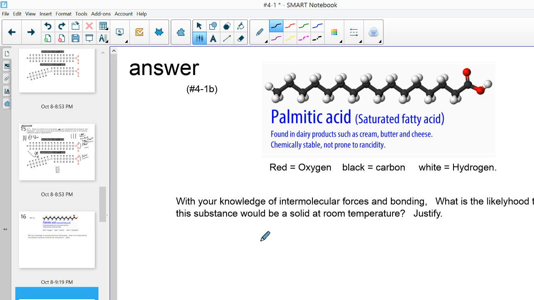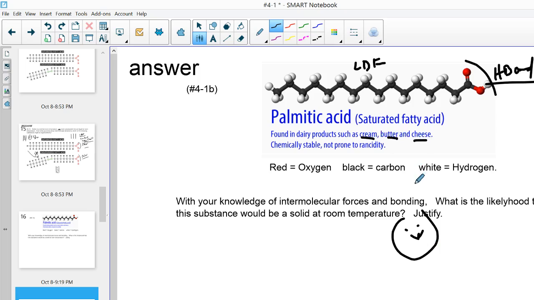But another example here is a saturated fat, all full of hydrogens, all single bonds. Because it's straight, we're going to have a lot of good London dispersion forces here, and we're going to have some hydrogen bonding at the end. So I might think there's a pretty good chance that this thing is a solid, or at least a semi-solid, hence cheese or butters or creams, things of this nature.